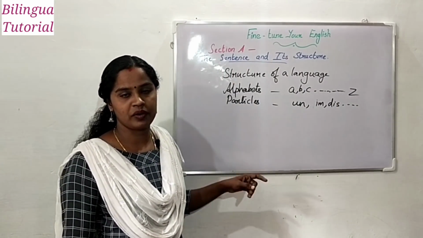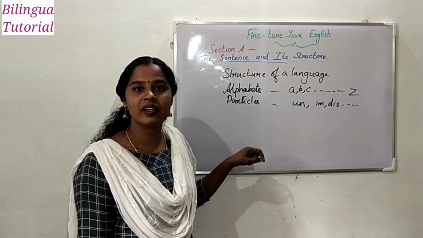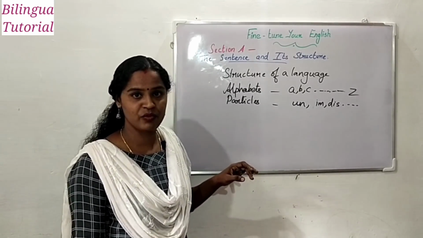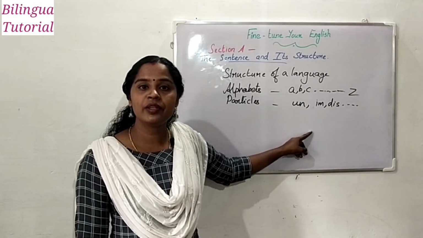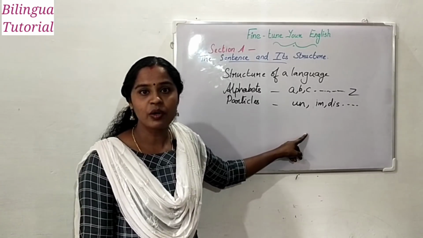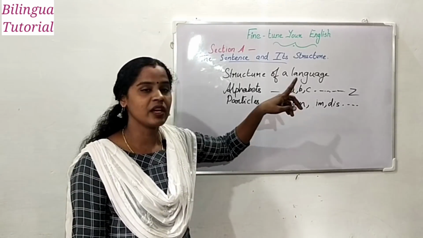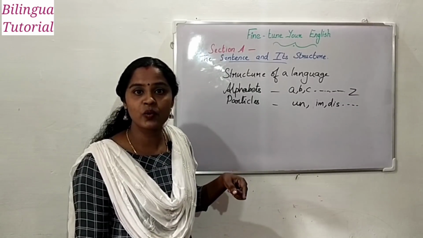Likewise, it will go on. It may not have any complete meaning. It needs support of some other words to make it meaningful. So these are particles. And usually we use these particles along with words as suffix or prefix. These particles we are using to make a new word from a root word.